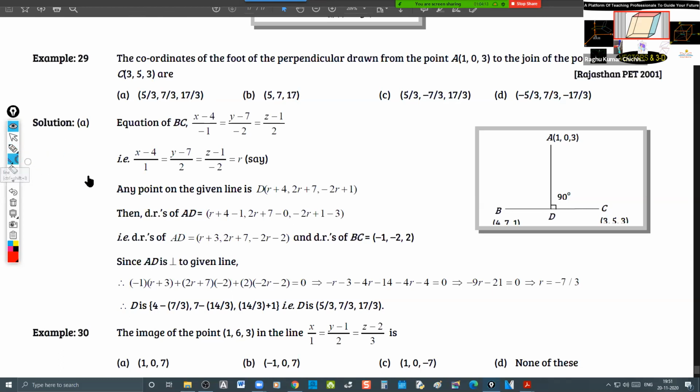If you draw the line, this is the line, let me say. And this is the point, let me say this as P. Now you need the image of it.